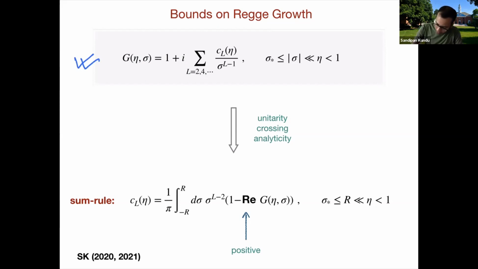I have this term which comes from the identity exchange that will always be there, and then I have an expansion in powers of 1 over sigma. The coefficient can be a function of eta, but I have terms like 1 over sigma, 1 over sigma squared, sigma cubed, things like that.